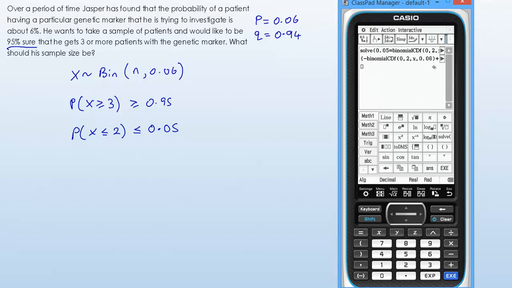So what I had to do in the end was actually think about this distribution.